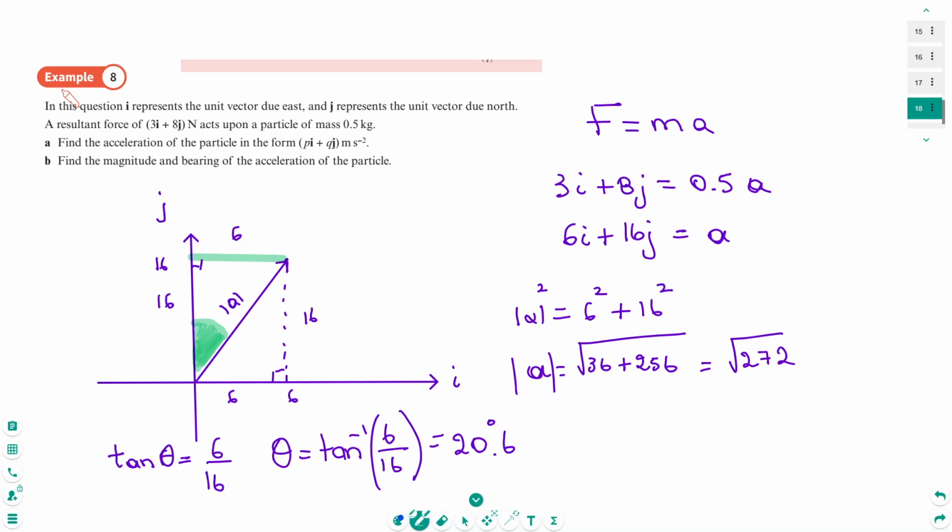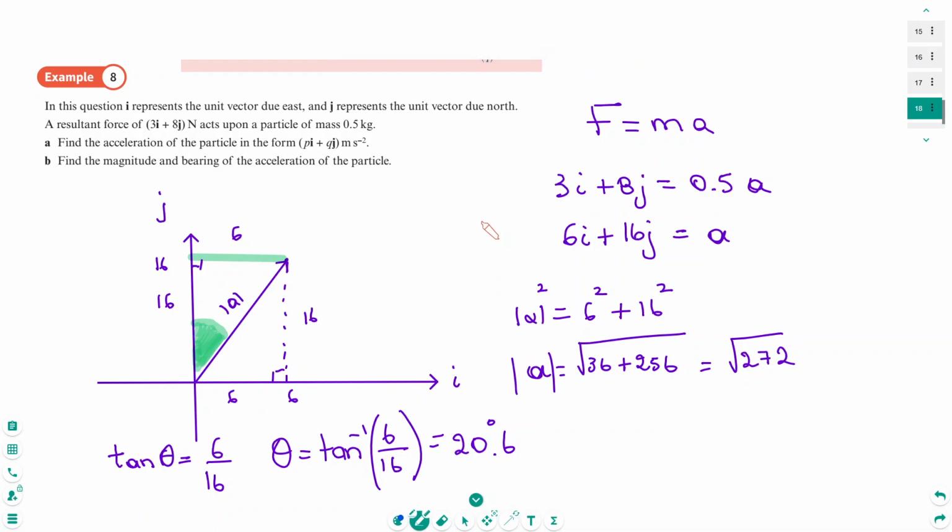In this example, we have a resultant force 3i plus 8j that acts on a particle of mass 0.5, and we want to find the acceleration of the particle as a vector.